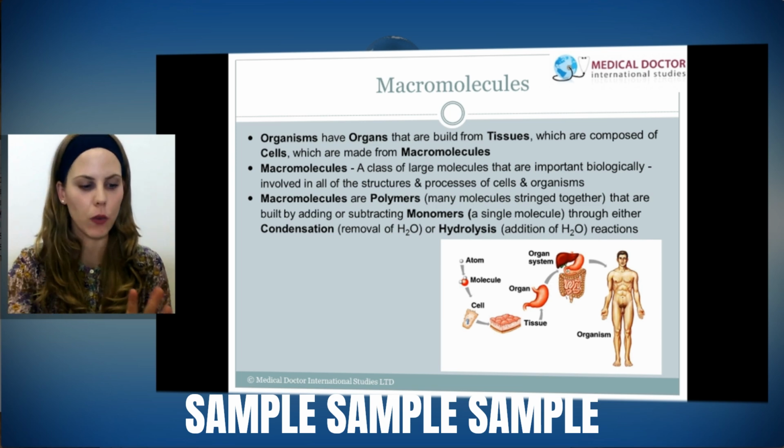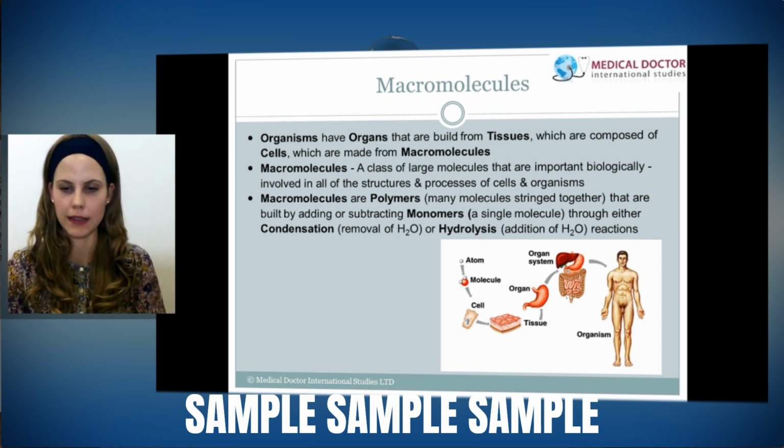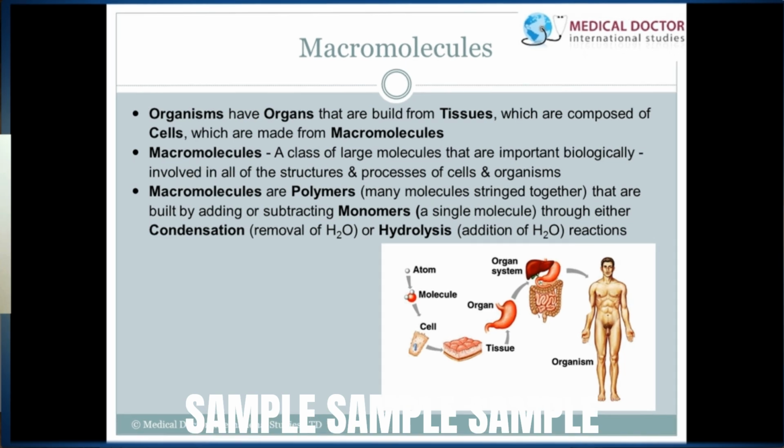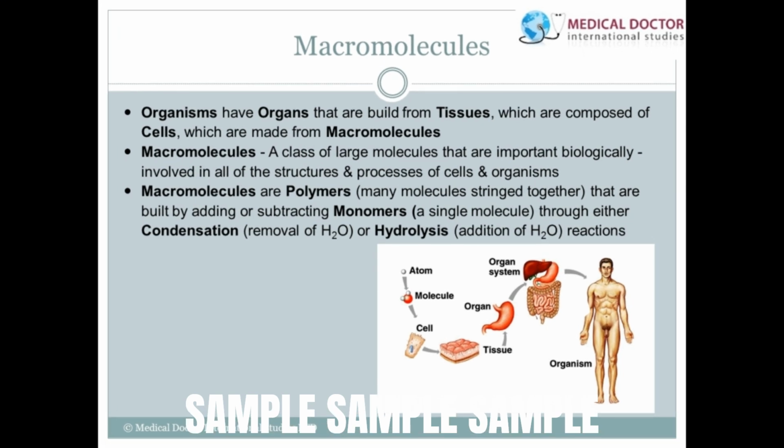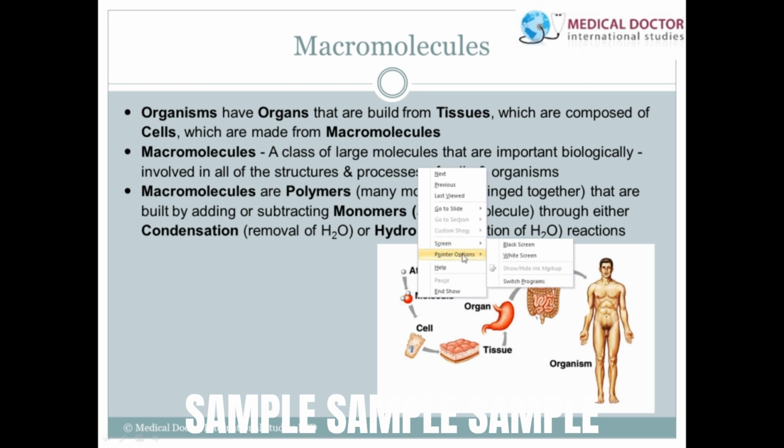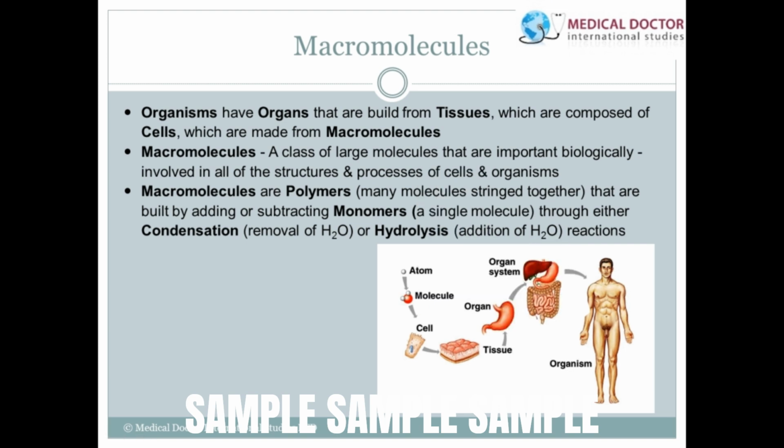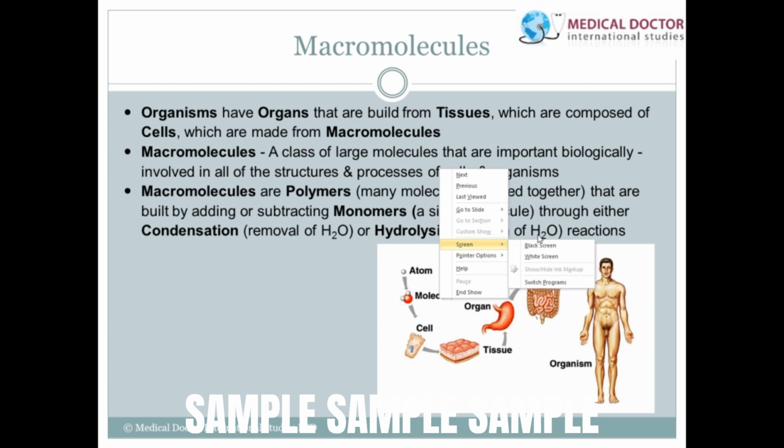Now, the way I like to think about this, because there's a lot of terminology and sometimes terminology can be confusing, but let me get my pen out here. Macromolecules: another name for them is polymers.